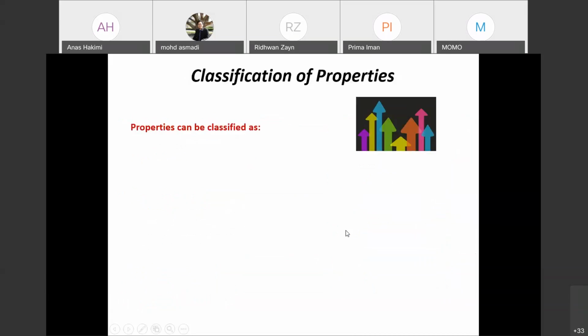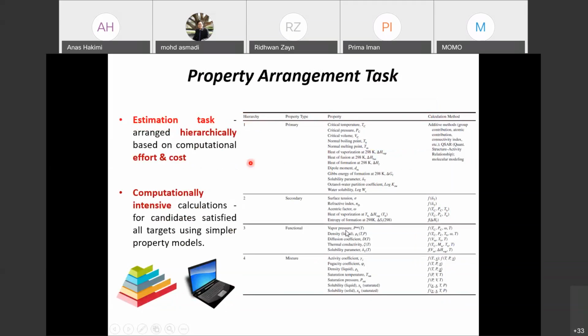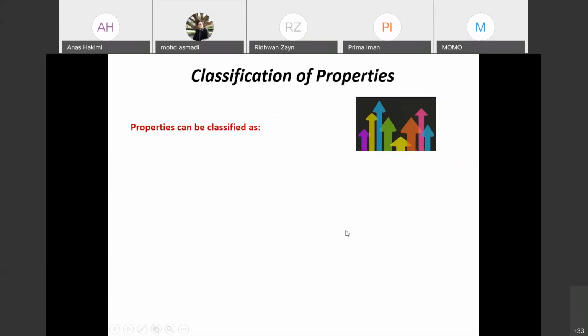So this is the classification of the properties from the hierarchy. From the previous, you look at here: primary, secondary, functional, as well as mixture. For the primary, the single value properties are calculated using structural information only, where the structure is disassembled into groups like CH3, CH2.